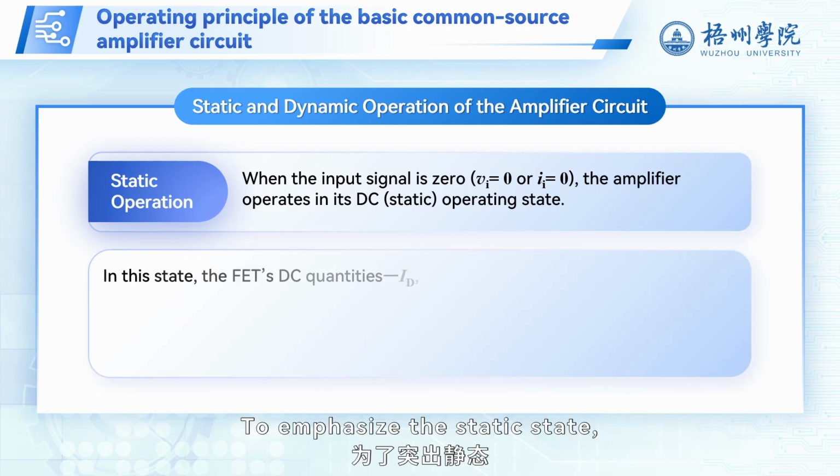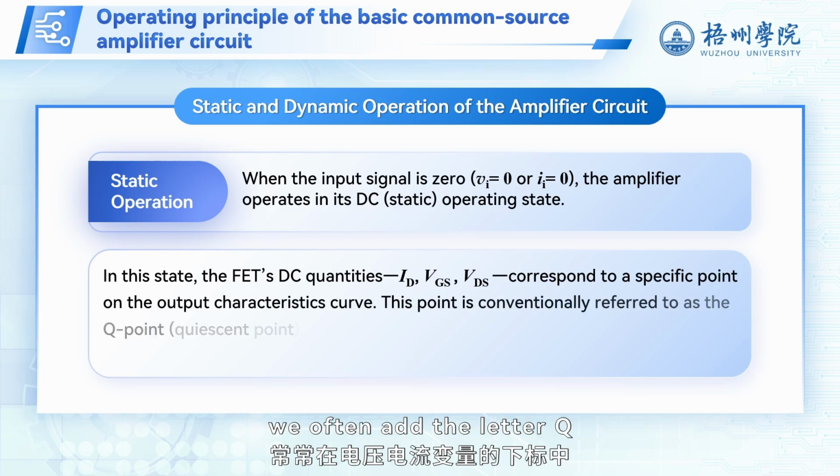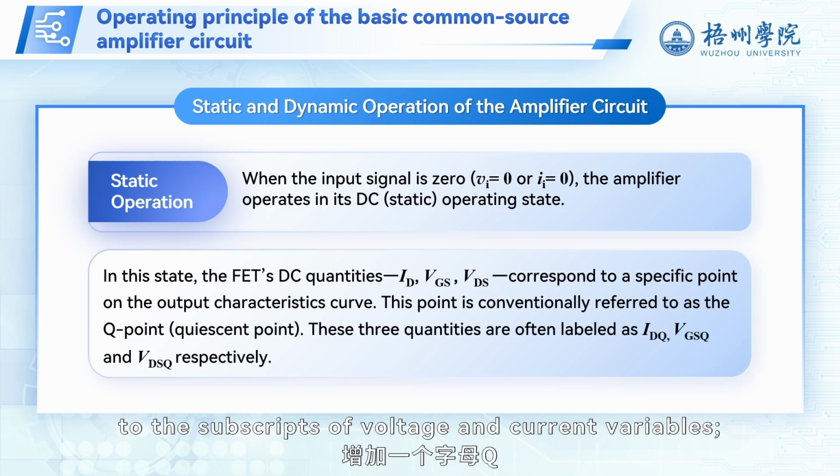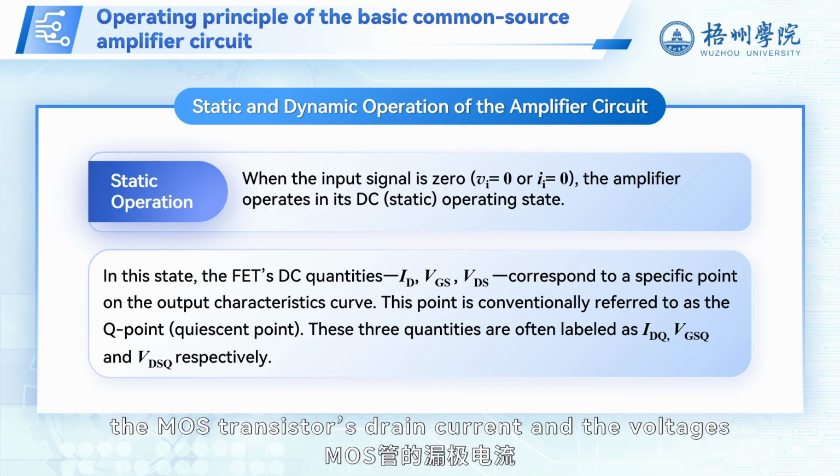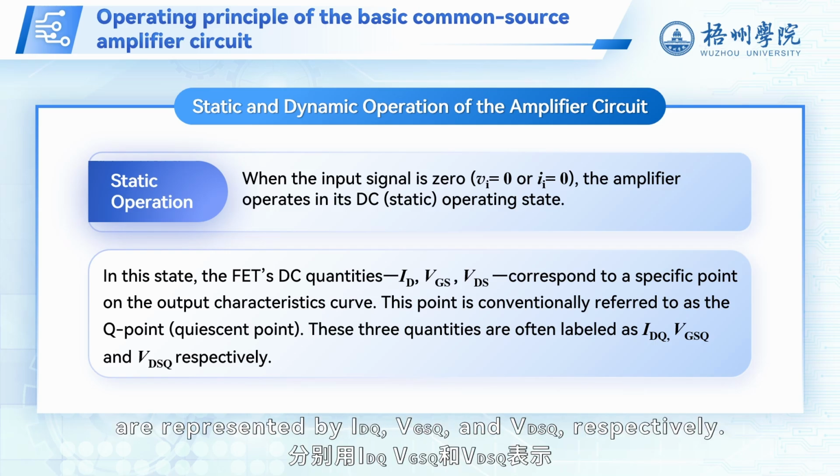To emphasize the static state, we often add the letter Q to the subscripts of voltage and current variables. Thus, in the static condition, the MOS transistor's drain current and the voltages between its electrodes are represented by I_DQ, V_GSQ, and V_DSQ, respectively.